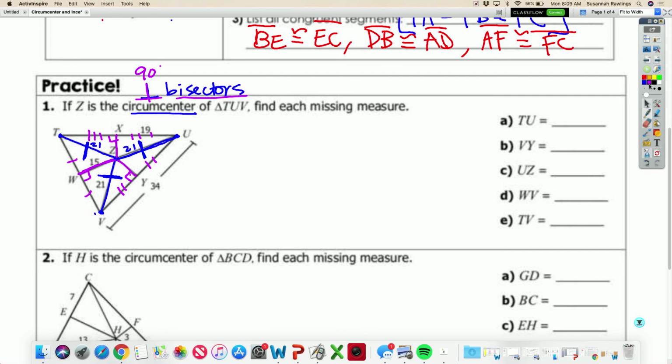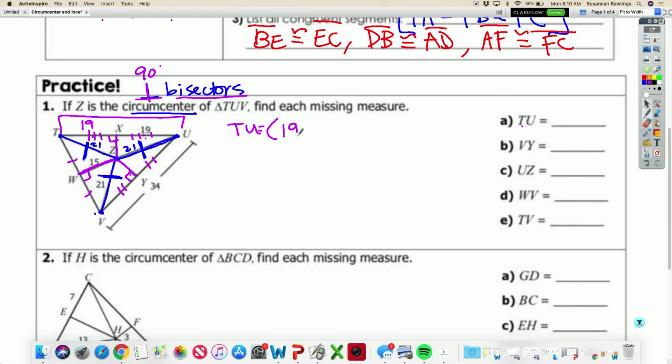So let's go ahead and start talking about how to find or solve for these missing sides. So let's find TU. I'm looking at letter A here. So TU is this whole side of the triangle. We know that this side is 19, so looking at the congruent symbols, that means that this side also has to be what? That also has to be 19. So to find TU, I can add 19 plus 19.